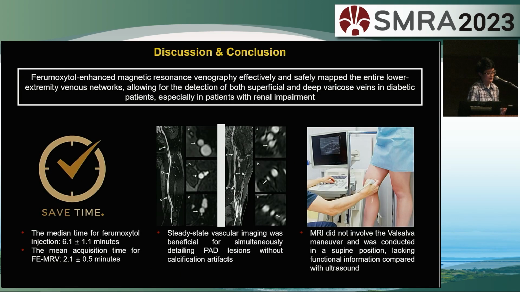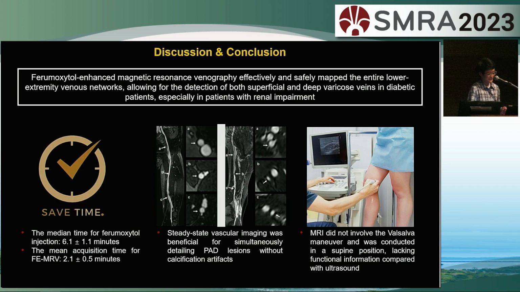The varmoxolid-enhanced MR venography derived extremity venous mapping rapidly provides a comprehensive visualization of the entire lower limb venous networks and abdominal pelvic veins within 10 minutes without concerns of iodine or gadolinium toxicity.